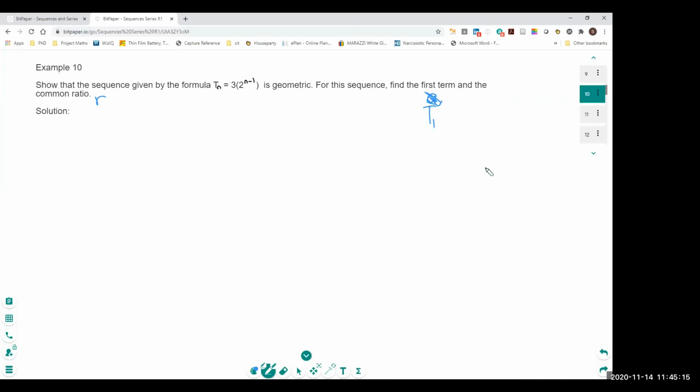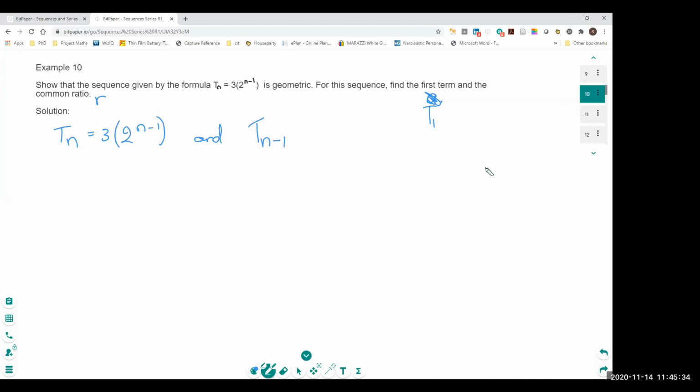So the solution for that is we have t of n is equal to 3 times 2 to the power of n minus 1, and likewise t of n minus 1, because we want to divide t of n by t of n minus 1.